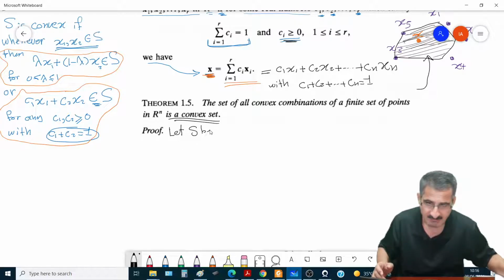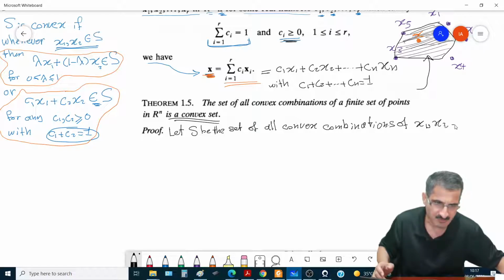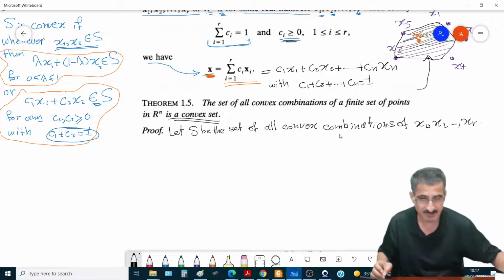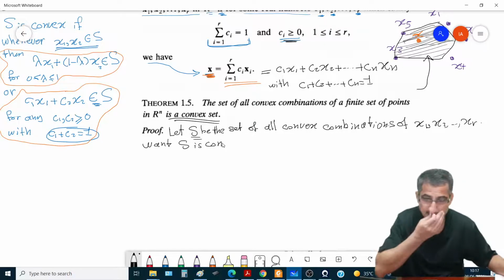Let S be the set of all convex combinations of x1, x2 all the way to xr. Now we want S to be convex. How do we show it is convex?